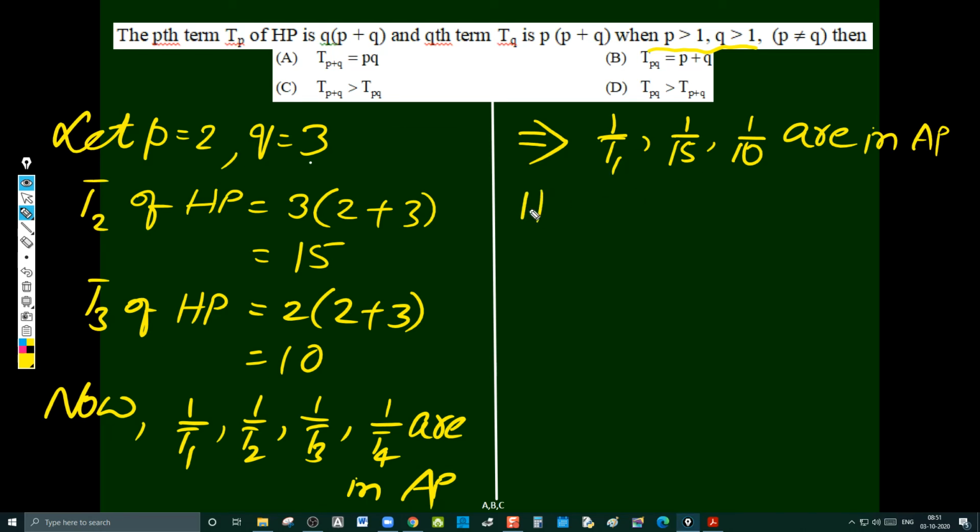Okay. Here common difference is equal to 1 by 10 minus 1 by 15. Your LCM is 30 here, 3 minus 2, 1 by 30 here, common difference.